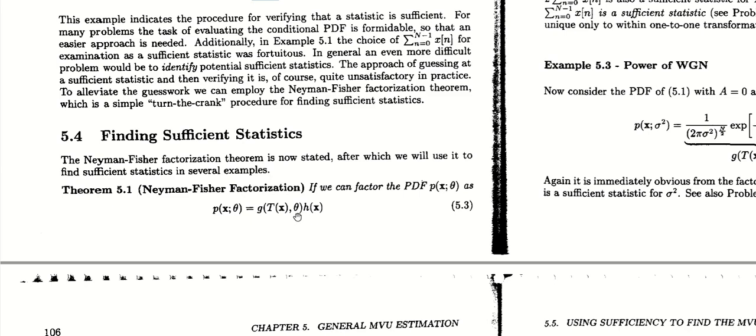What that means is your theta, which is the unknown parameter, cannot be mixed with the data x. It can only interact with the data through the sufficient statistic T of x.